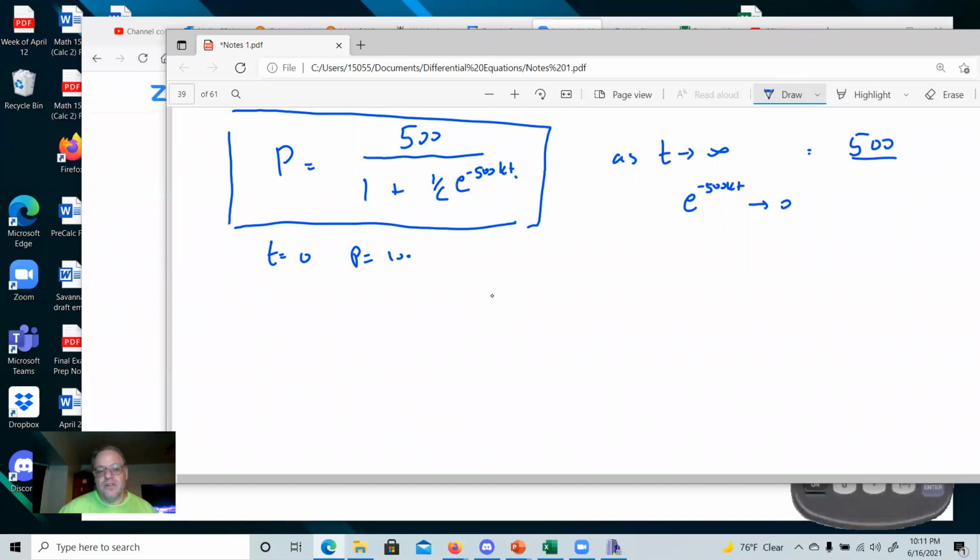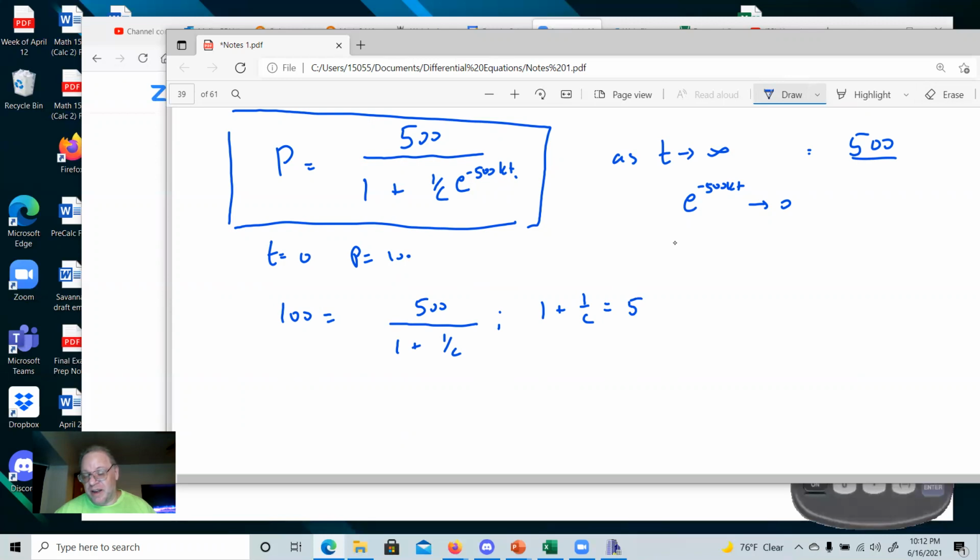So we have 100 is equal to 500 over 1 plus 1 over C. We're cross multiplying, so I'm dividing by the 100.